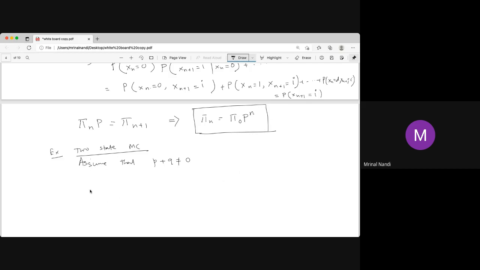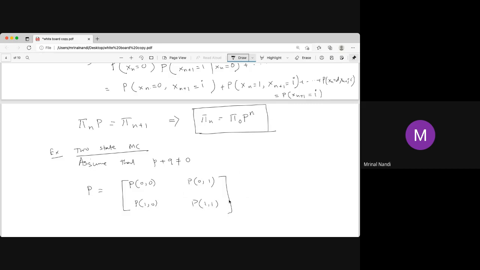Now, what is P? You can easily check, P was given in the previous class. We start from 0 to 0 first, 0 to 1, then 1 to 0, then 1 to 1.